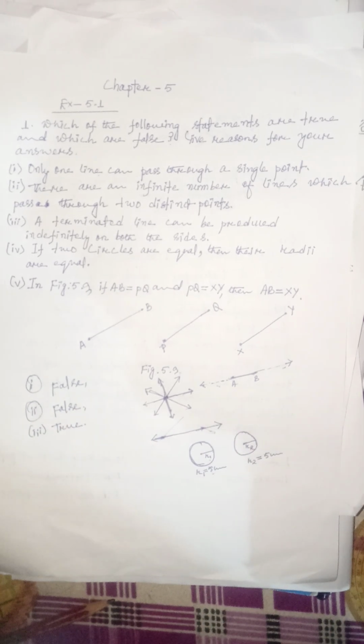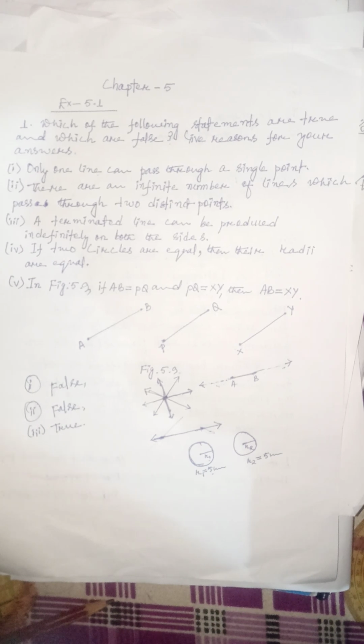That's it. Then let us move to the next, which is Roman number 5. In Roman number 5, we have if AB equal to PQ and PQ is equal to XY, then AB is equal to XY.